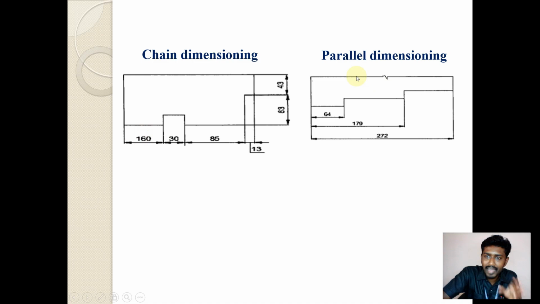In parallel dimensioning, for each segment the extension line is dropped independently and the dimension lines are given independently, something like this. So you can see how the chain dimension is captured, and how the parallel dimensioning is captured. Both methods we can implement in the drawing, no issues at all.